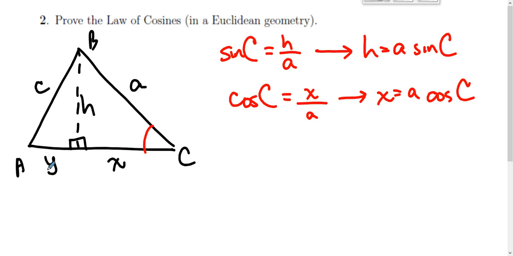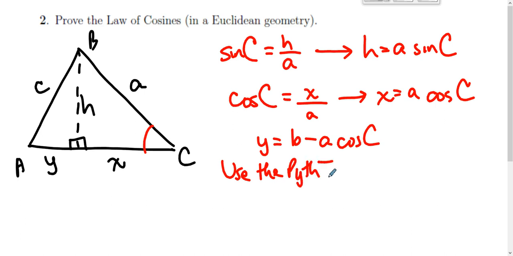Now, y is this whole segment length minus this little piece. Now, we use the Pythagorean theorem on triangle ABC, and we didn't give it a name.